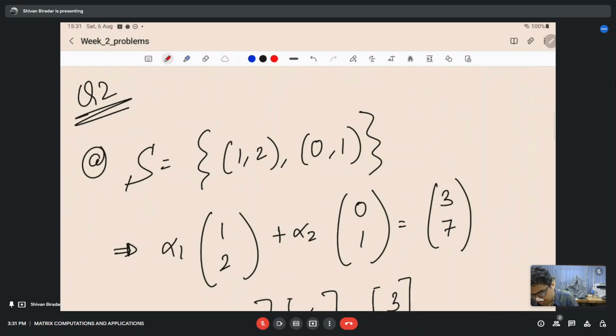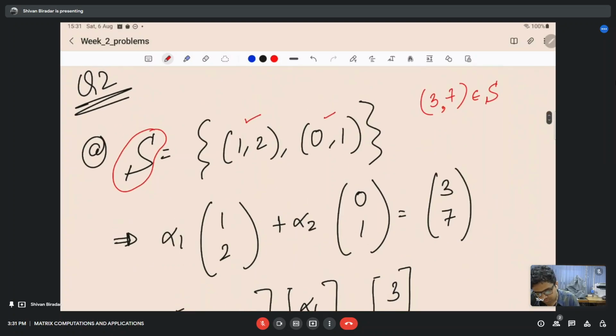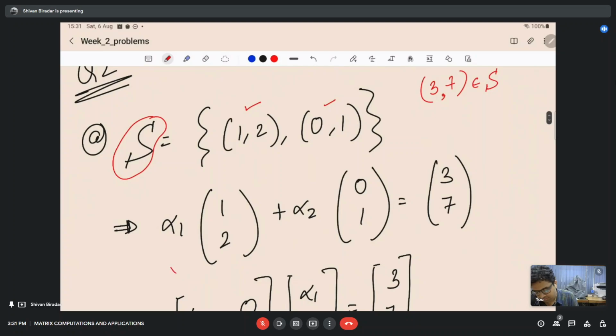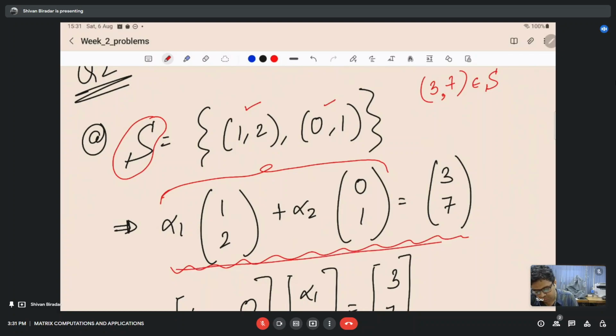We have two vectors, 1, 2 and 0, 1, which are in the set S. We have to see whether the vector 3, 7 belongs to this set S. So the question is mathematically formed as whether the span of these two vectors, that is the set of all linear combinations of the vectors, contains 3, 7.